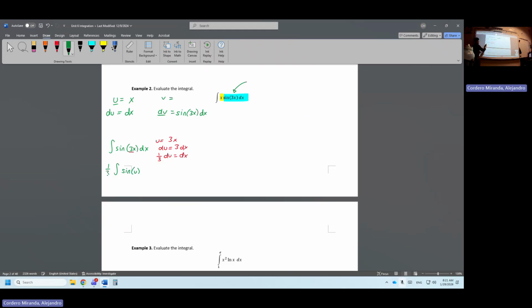So let me put the 1/3 out here. And then, like Sam said, that would be 1/3 times the integral of sine, which is negative cosine. And then finally, negative 1/3 cosine of 3x, plus C, I guess.